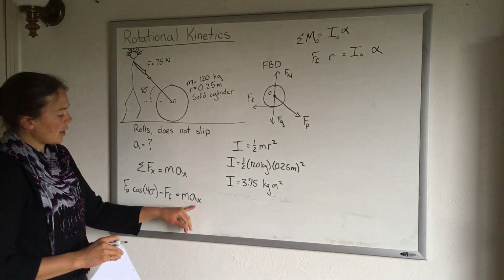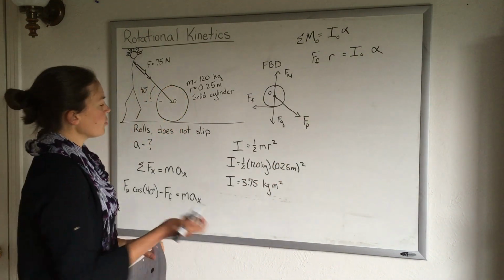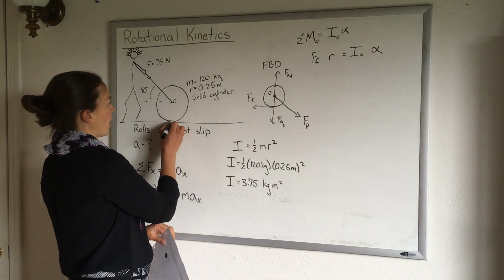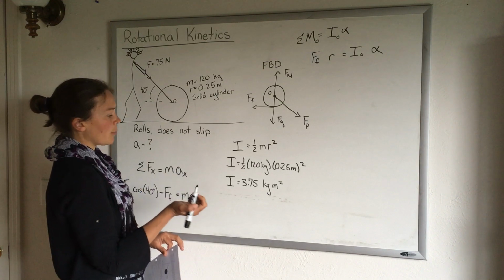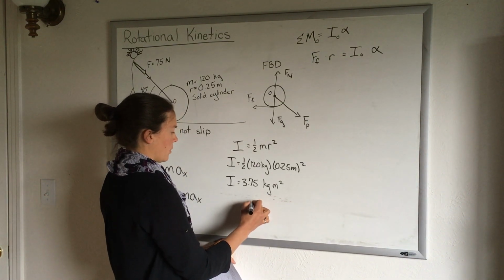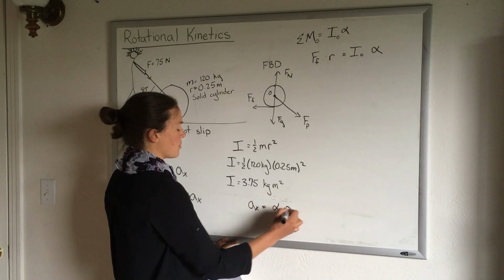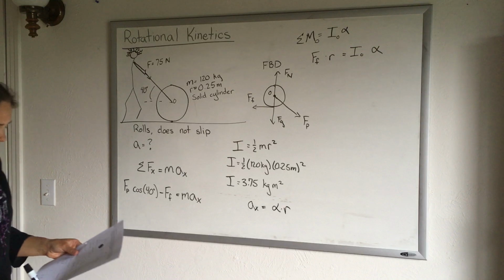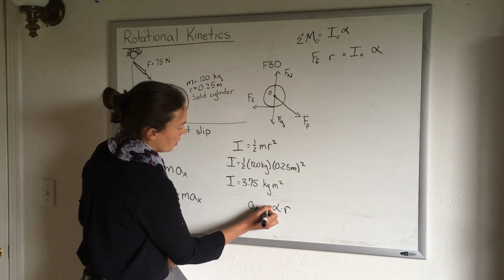And now relating my x direction acceleration and my alpha acceleration, I have to realize that these are coupled so that the bottom isn't moving. And for that to be true, as we talked about with our coupled motion, our acceleration in the x direction will have to equal alpha times r. And in this case, we're going to need a negative sign in here.